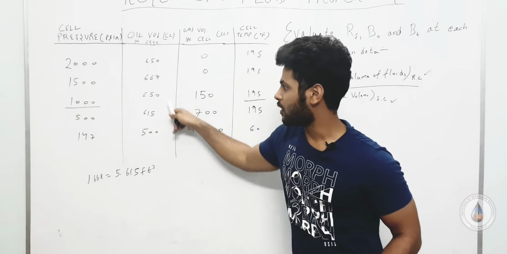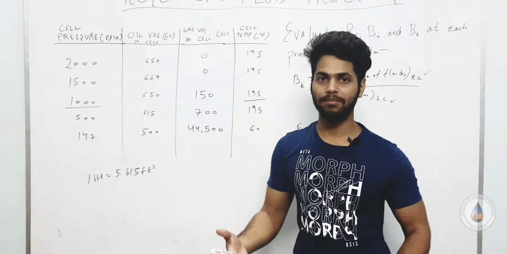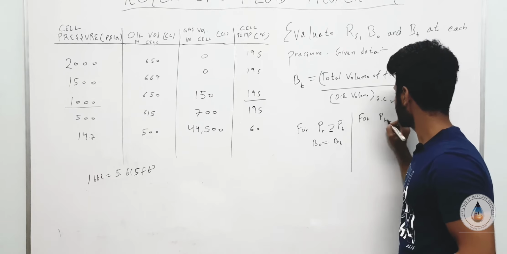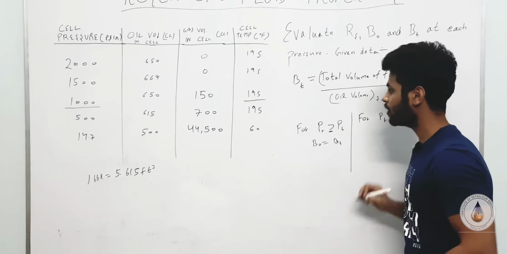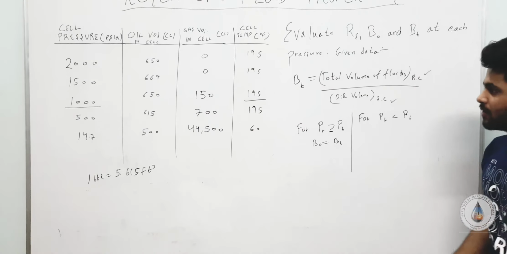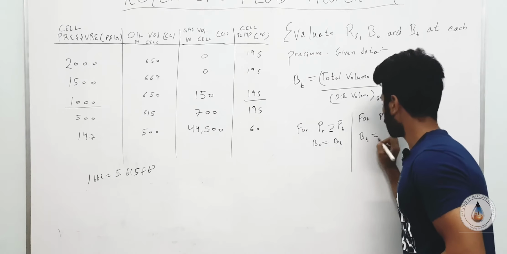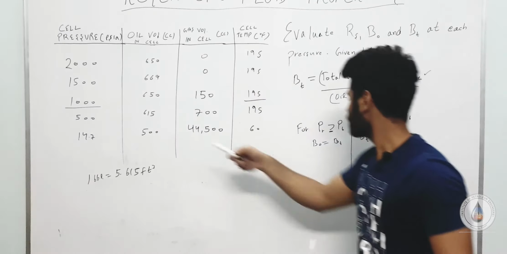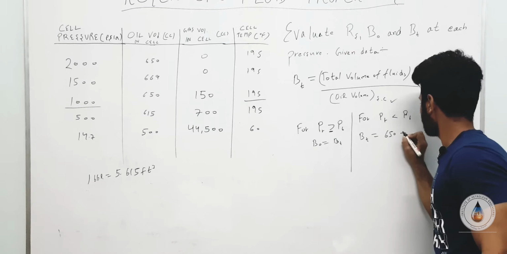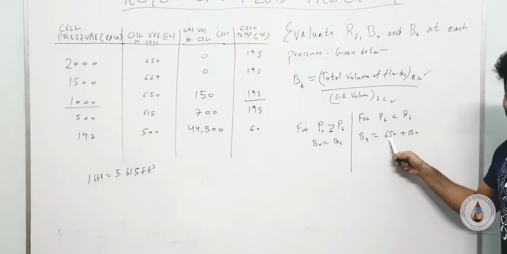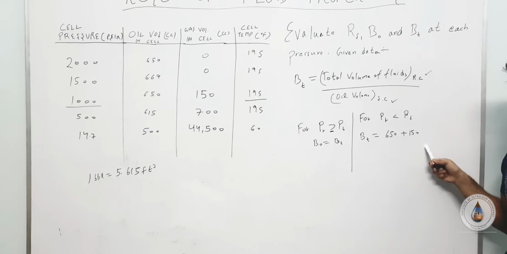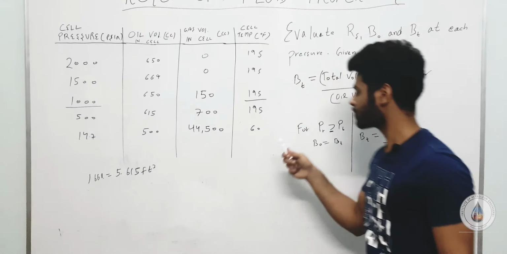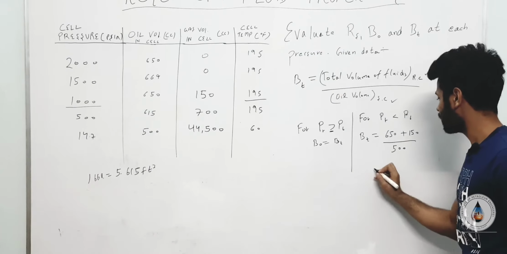For these particular values, now the gas has evolved from the system, so I'll have to account for it at pressures less than Pb. Okay, so for 1000 psia, what is my total amount of fluid present: 650 cc plus 150 cc, the amount of oil plus the amount of gas at my reservoir conditions, divided by the amount of oil at surface conditions, 500.